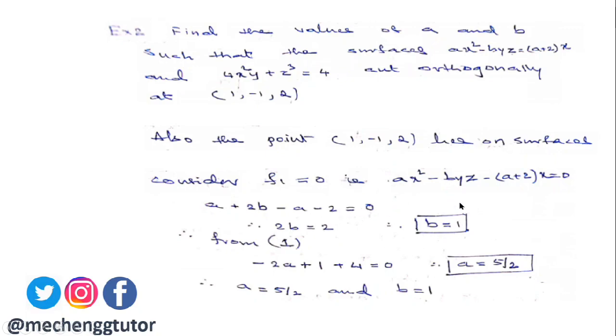Thus you get the unknown value b equal to 1. Substitute this in the first equation, so minus 2a plus b, it is 1 plus 4 is equal to 0. Thus a is equal to 5 upon 2. Therefore a is 5 upon 2 and b is 1. This is the final answer.